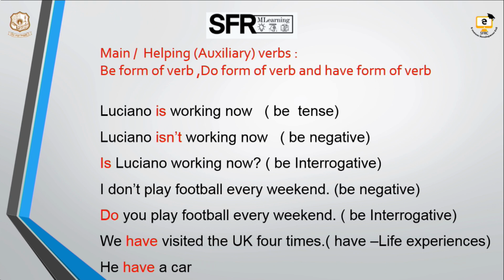Maybe I am talking to my friend, and my friend says, "Hey, you play football every weekend, right?" And I say, "No, I don't play football every weekend. I play tennis." So don't is do not. That is the negative form of the verb do, and it helps me to make a negative.